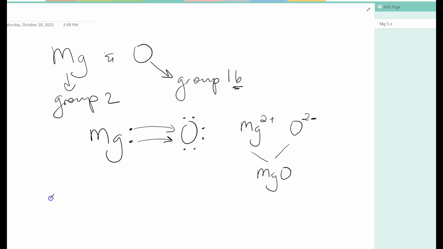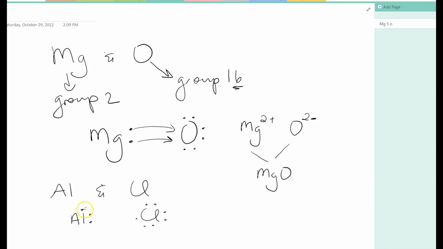Let's say we want aluminum to react with chlorine. Remember, aluminum is a group 13 metal, so that means what? 3 valence electrons. And chlorine is a halogen, which has 7 valence electrons. Now, when the transfer is complete, all elements that are going to either lose or gain electrons have to reach the noble gas configuration.